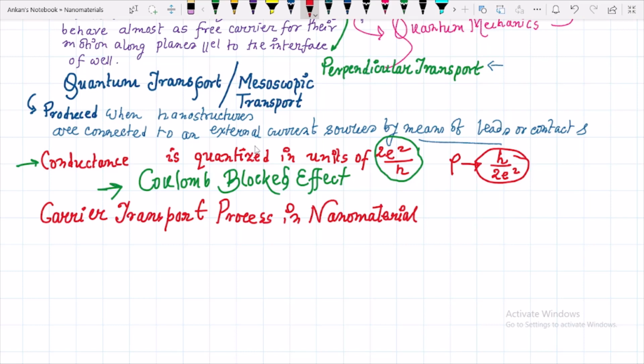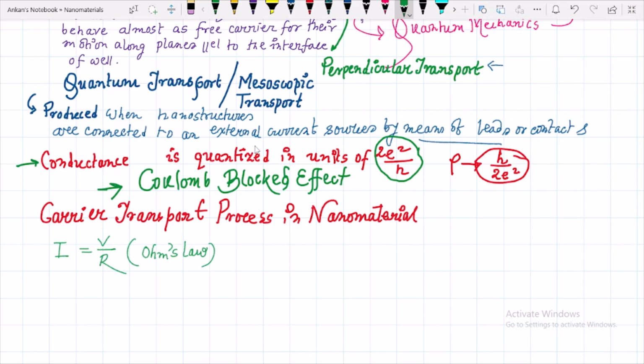To discuss the carrier transport process in nanomaterials, I first want to ask you a question, and we will find the answer in this discussion. We know very well that in the macroscopic case, I is equal to V by R, as from Ohm's law. We know it very well in the case of a macroscopic conductor.